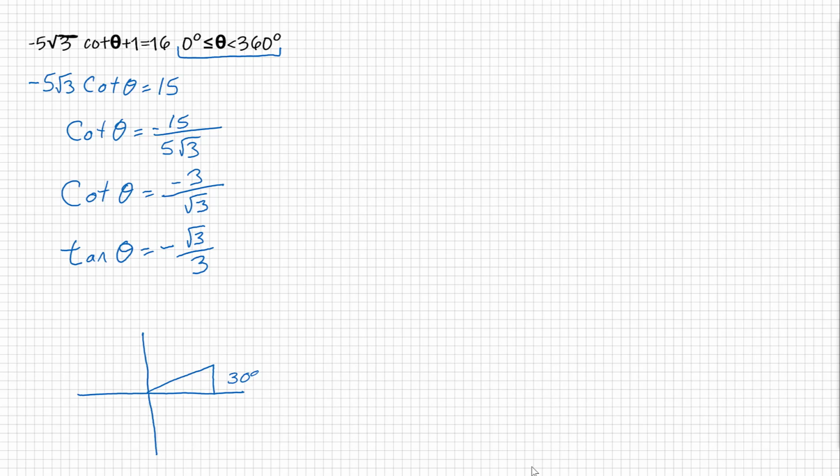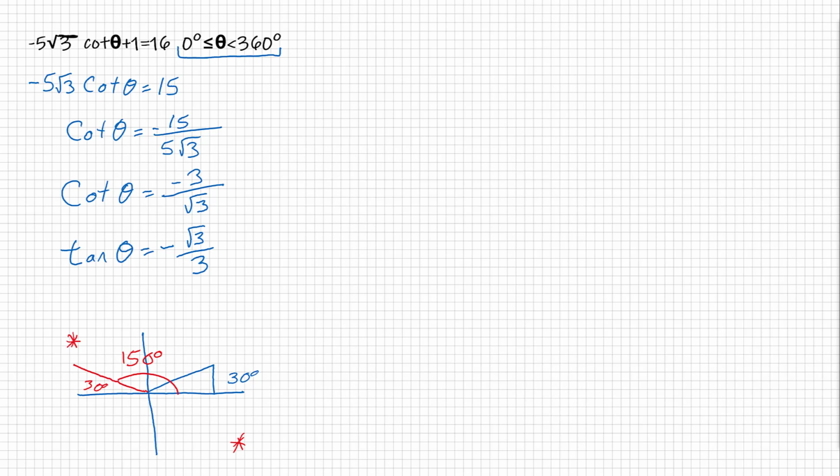Now let's figure out what my actual angles are. Tangent is negative in the second and fourth quadrants, so I need an angle with a reference angle of 30 degrees that's in the second quadrant. And a reference angle of 30 degrees in the second quadrant corresponds to an angle of 150 degrees.